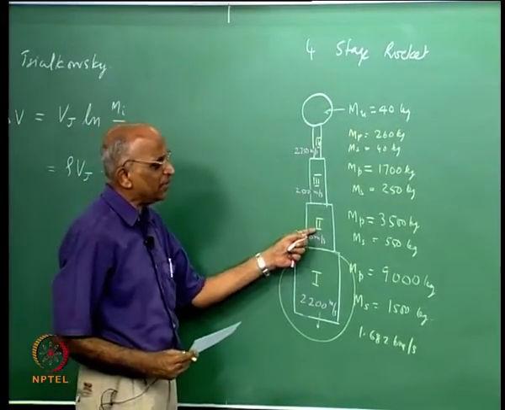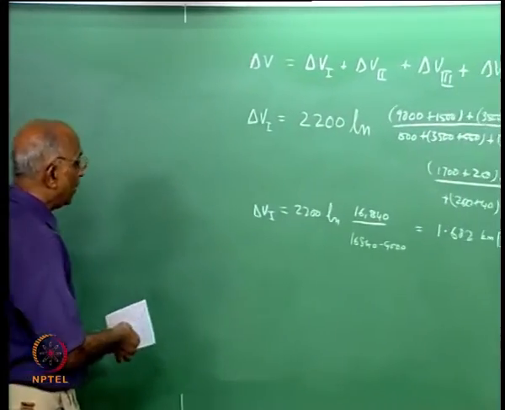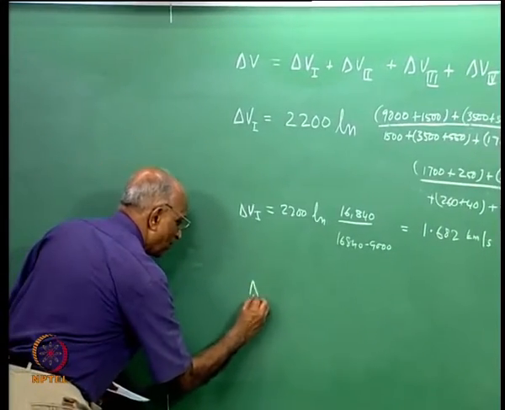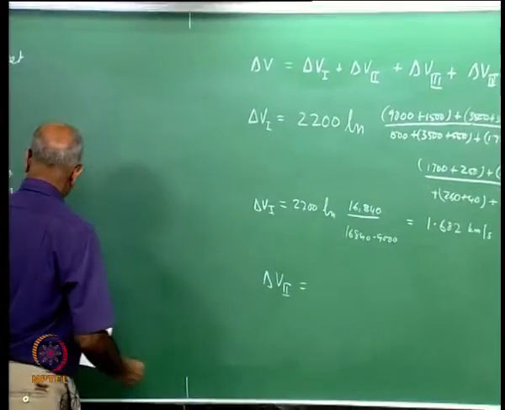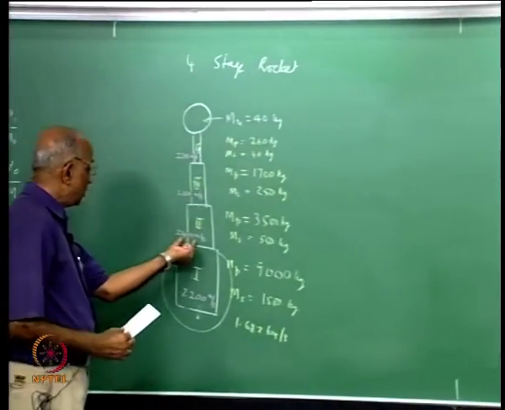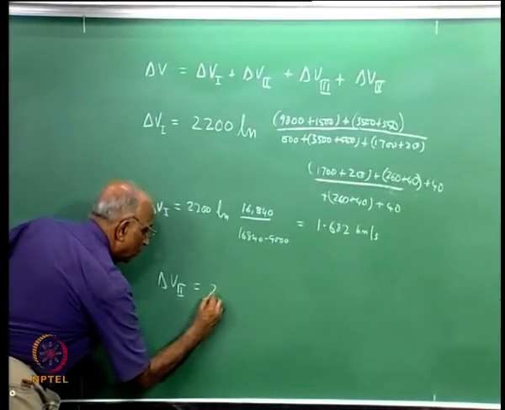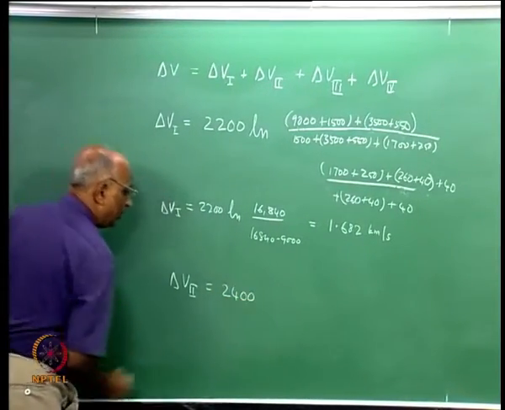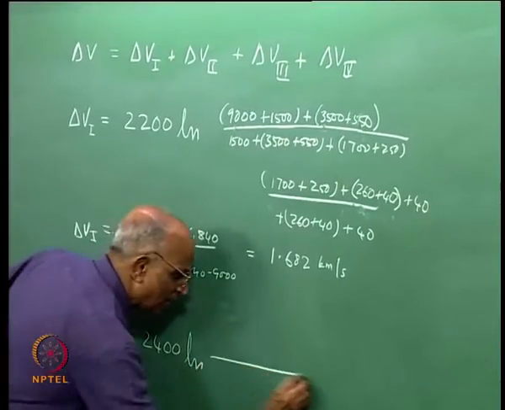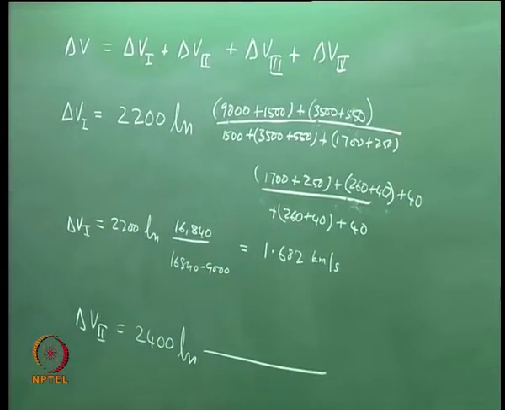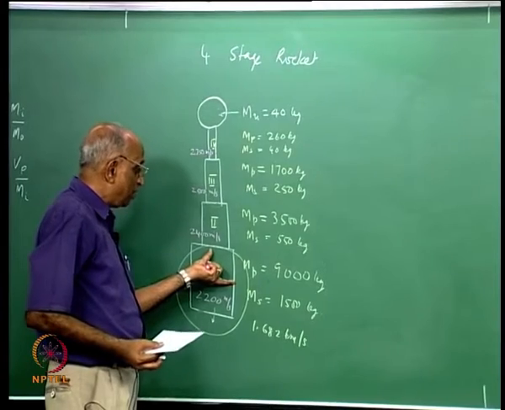Now similarly I go to the second stage. It becomes simple for me to do it. Now I know what is the initial mass of the rocket. Let us say delta V2 of the second stage is equal to, now my jet velocity is 2400 meters per second, times the logarithm of, now let us do it a little faster. The first stage is no longer in the picture.